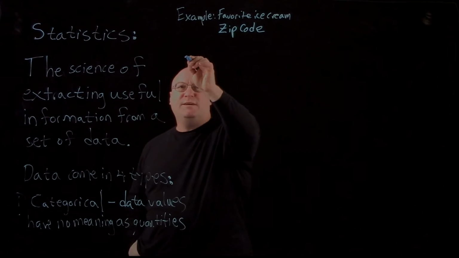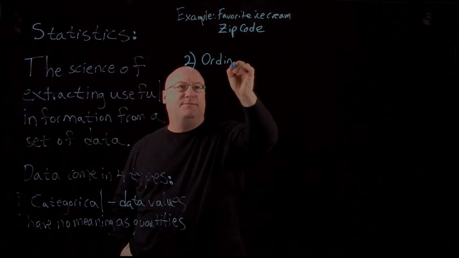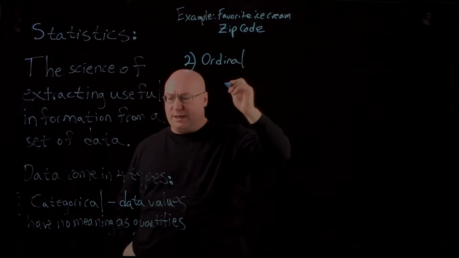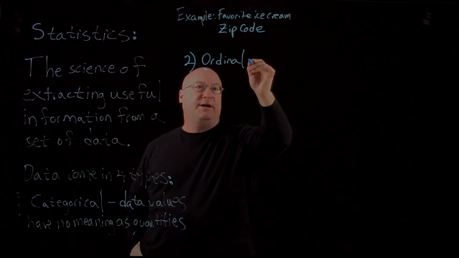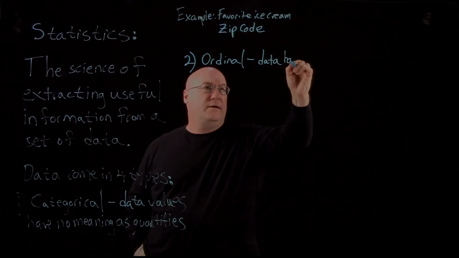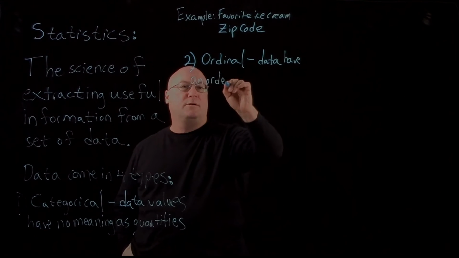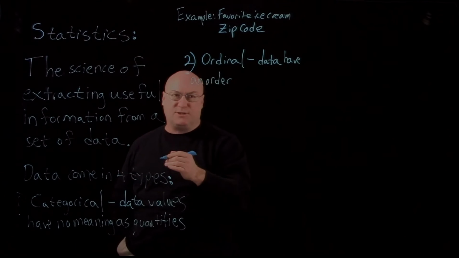The next type of data is ordinal. This is generally numerical data. And here, the data have a specific order from smallest to biggest.